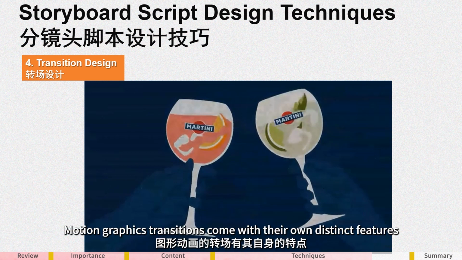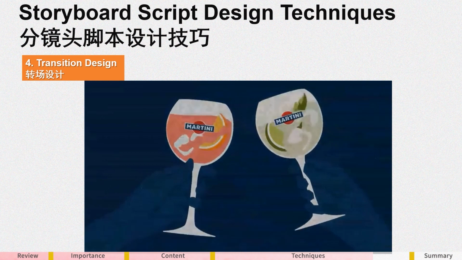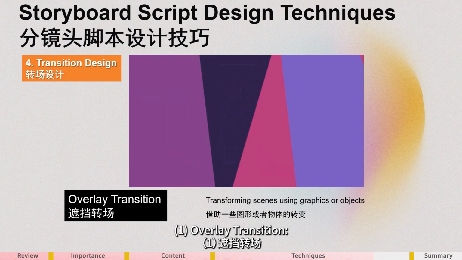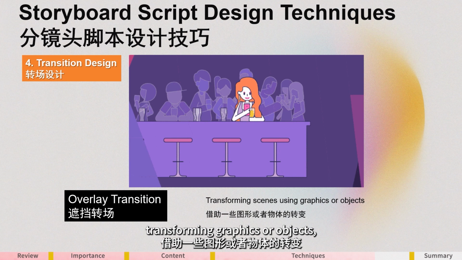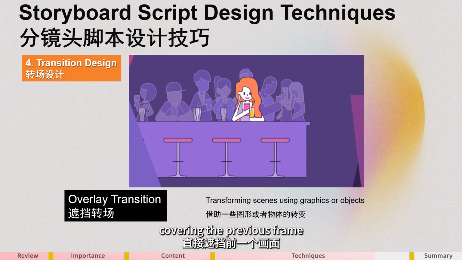Motion graphic transitions come with their own distinct features. The first one is overlay transition. This type of transition often involves directly transforming graphics or objects, covering the previous frame to reveal the next one.